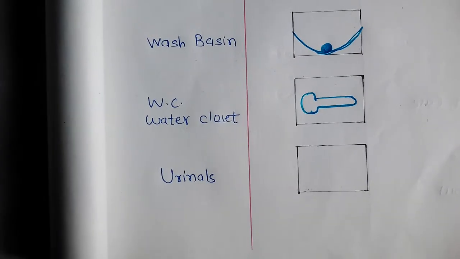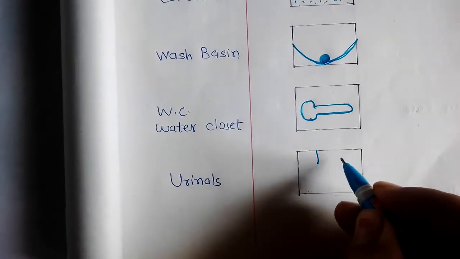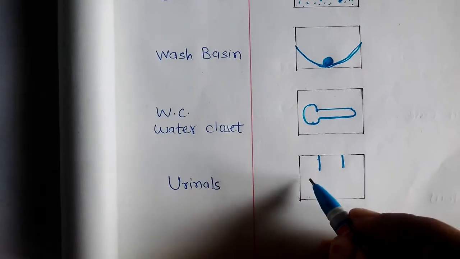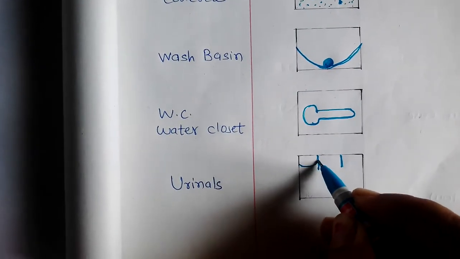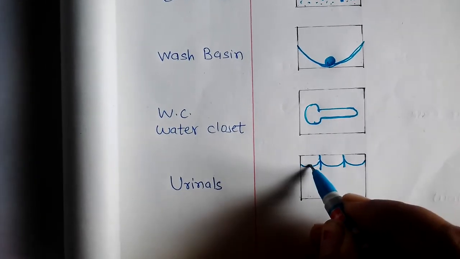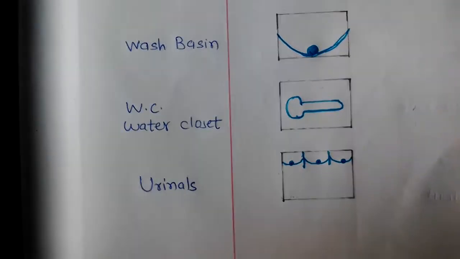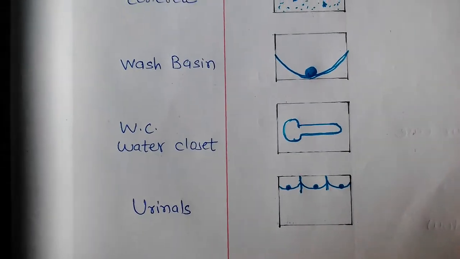Then urinals. For that, make equal parts, and then like this, a dot. So this is the graphical symbol for the urinals.